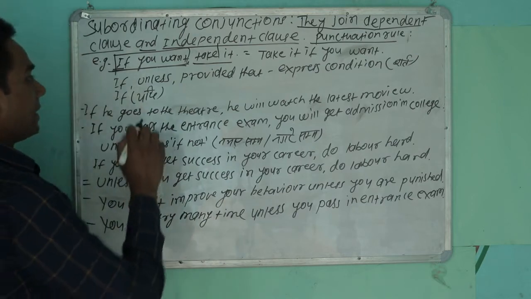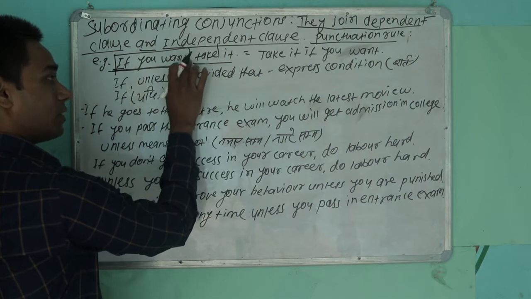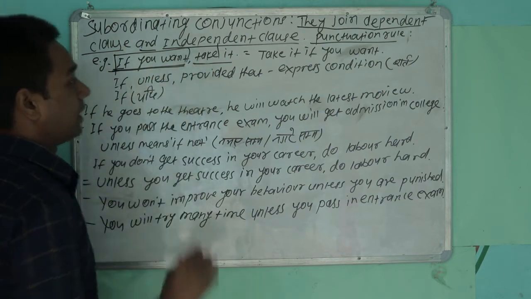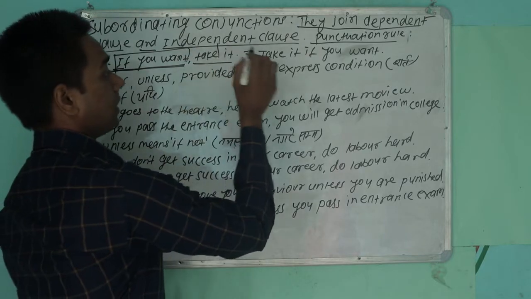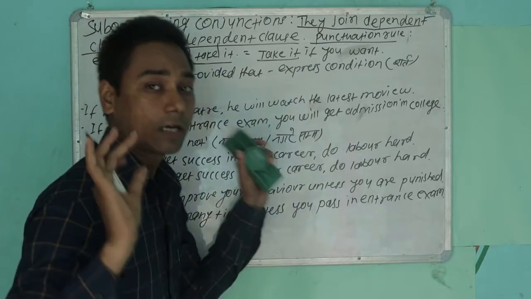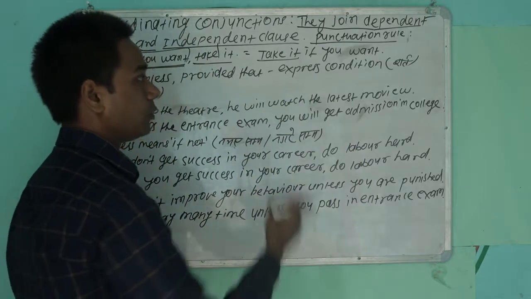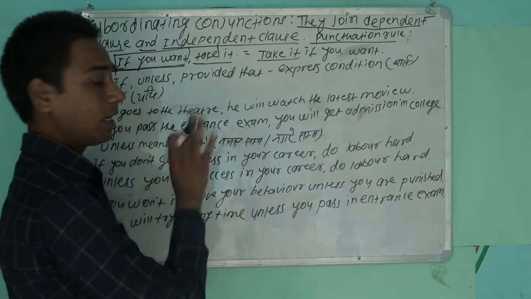Okay. If there is a dependent clause at the beginning of the sentence, then we have to put a comma. But if there is an independent clause at the beginning, then there is no comma. We are not allowed to use any comma here. So look at this example.